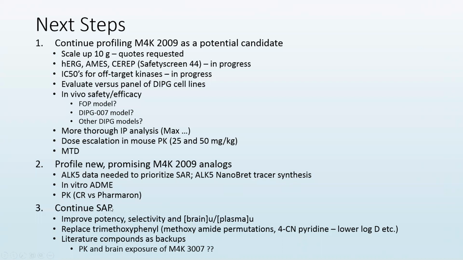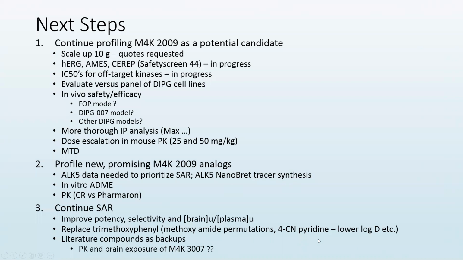And then, of course, continuing the SAR, improve the potency, selectivity, and the unbound brain to unbound plasma ratio, replacing the trimethoxyphenyl. I think the methoxy amide permutations that we talked about, trying to lower logD, I think that's a really good idea.